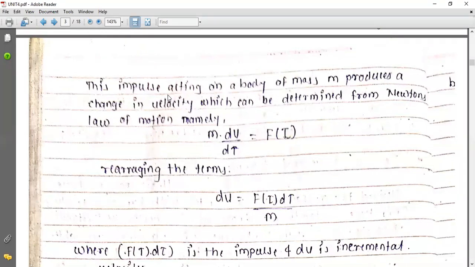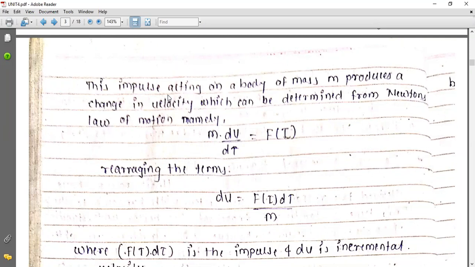What is the basic formula, Newton's law, F equal to m a. So you can see here this is F into tau, that is with respect to the impulse tau, and mass into acceleration, that m is same here, acceleration, which if we take the derivative dv by dt, that is mass into acceleration we will get directly. Okay, so based on this F of tau is equal to mass into dv by dt, that is F is equal to ma, which is based on the Newton's law of motion.